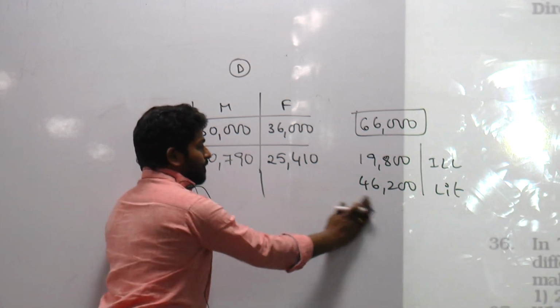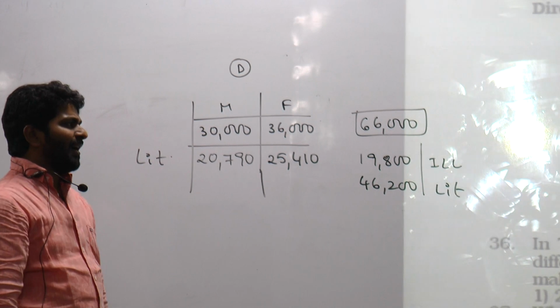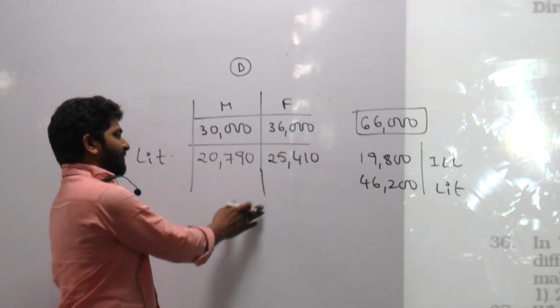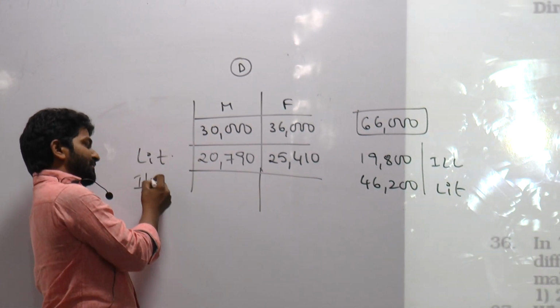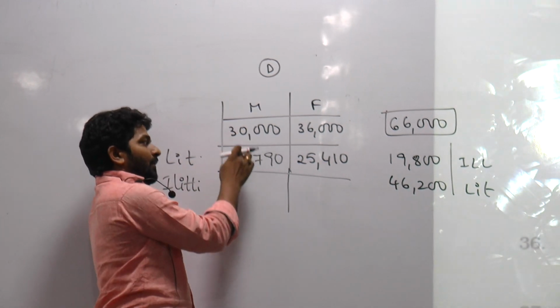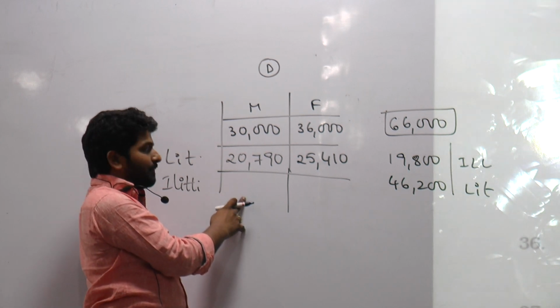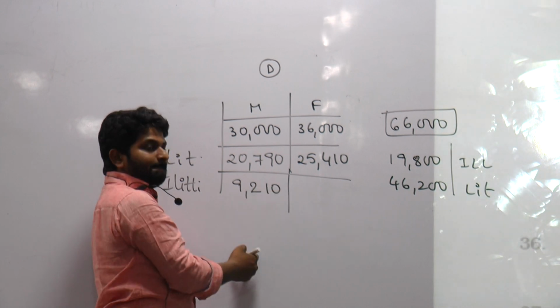Now, your question is about the total number of literates, illiterate female, and total number of difference. Fine. Illiterates. The difference of these two will give you illiterate male, right? 9,210.